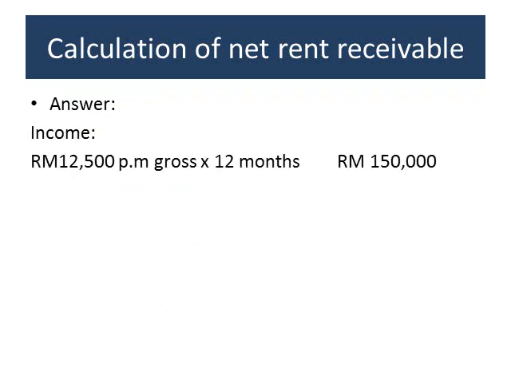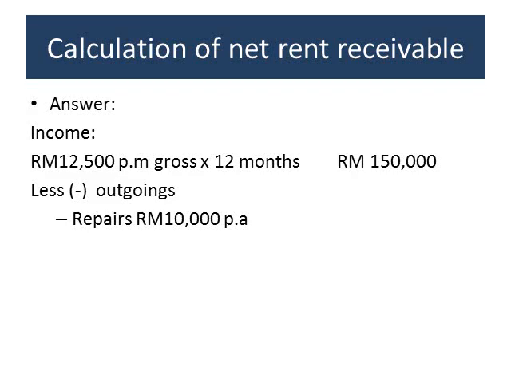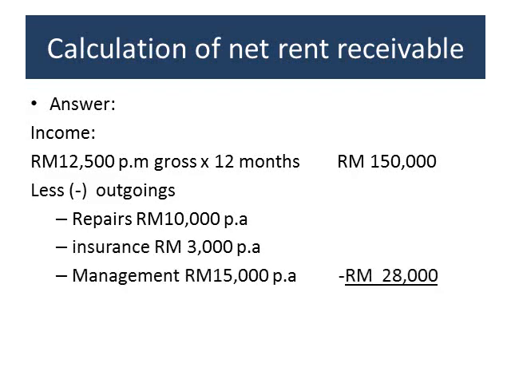First, as mentioned before, you need to times by 12 months. The gross rent: 12,500 times 12 months, so you get 150,000. Then, in order to get the net rental, you need to less or deduct the outgoings from the gross rental. The outgoings given are repairs 10,000 per annum, insurance 3,000 per annum, and management 15,000. So we total up all of these outgoings, and the total is 28,000.